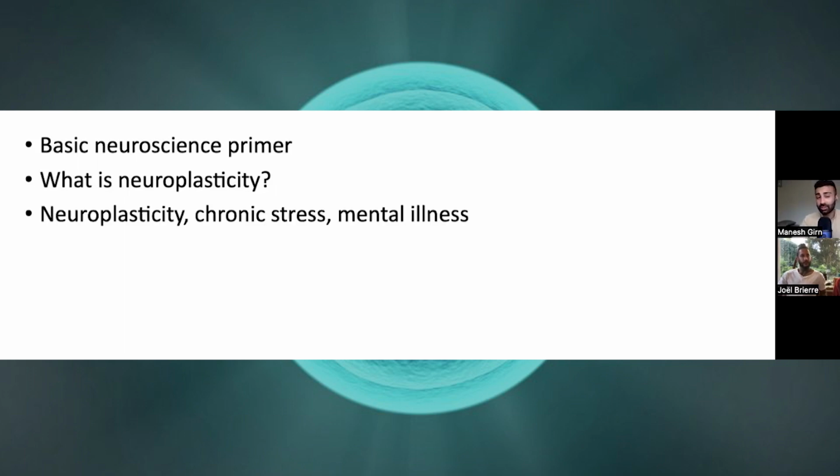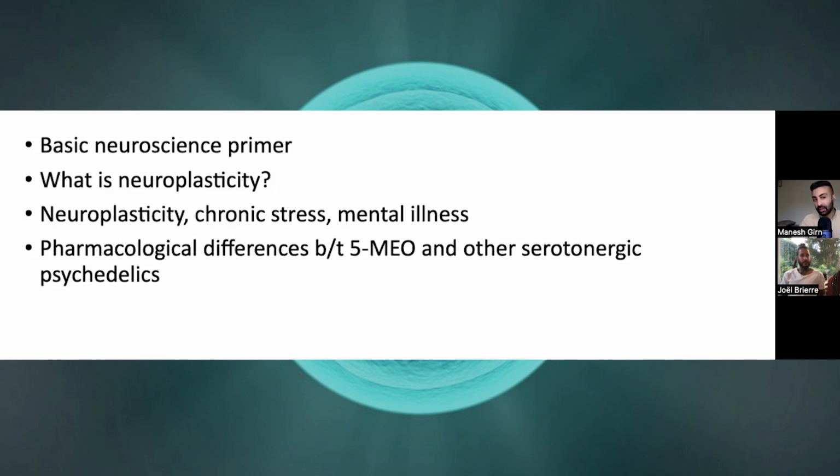Then I'll talk about this really strong link between neuroplasticity, chronic stress, and mental illness, whether it's depression, PTSD, or addiction. These three things go hand in hand in a variety of different ways, which I think are interesting and relevant for understanding how psychedelics can help with these kinds of things. And then I'll talk a bit about how 5-MeO is actually quite different than the other serotonergic psychedelics. And by serotonergic psychedelics, I'm mainly referring to psilocybin, LSD, and DMT, as well as ayahuasca.